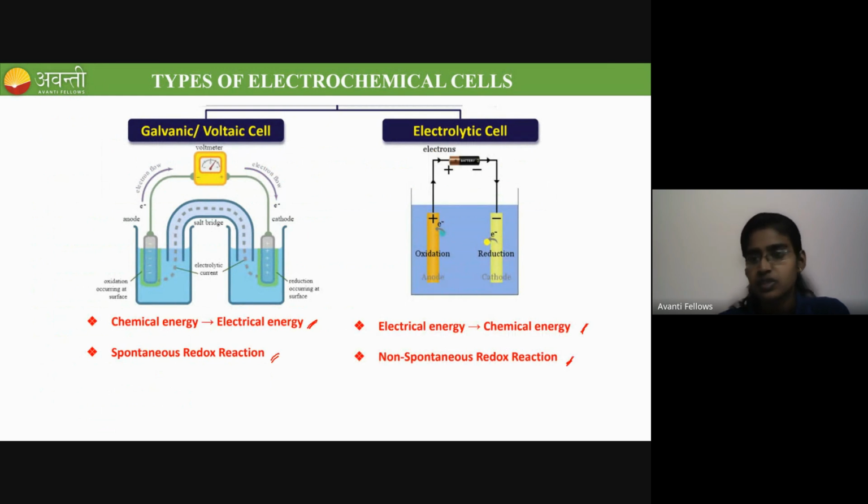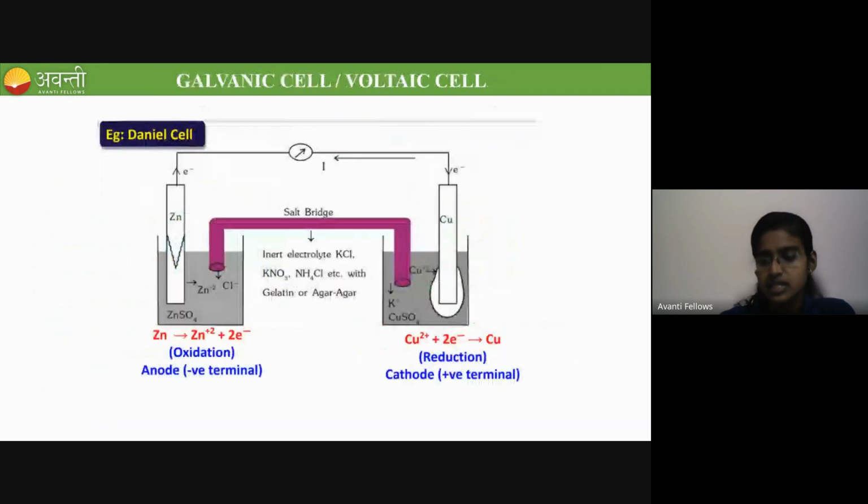Now discussing each electrochemical cell separately. I'll go with the galvanic cell first, which is otherwise called the voltaic cell. The example for this cell is the Daniell cell. In the Daniell cell, we have two beakers: a zinc electrode is dipped in the zinc sulfate solution in the first beaker, and a copper electrode is dipped in the copper sulfate solution.